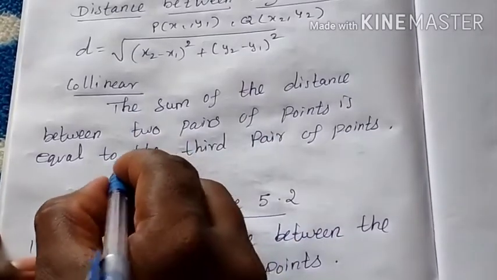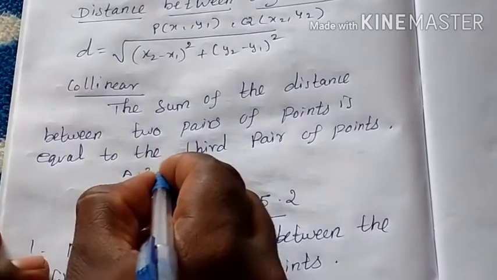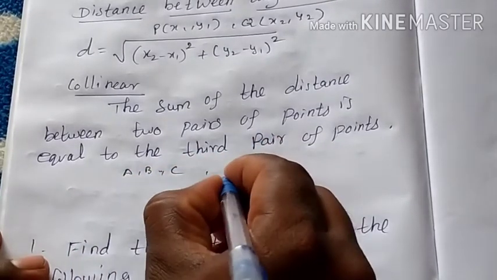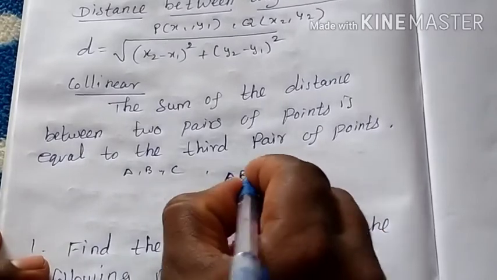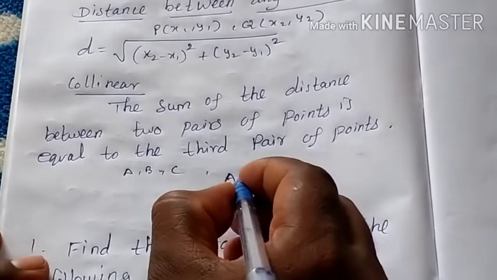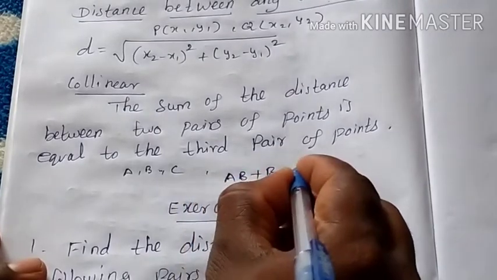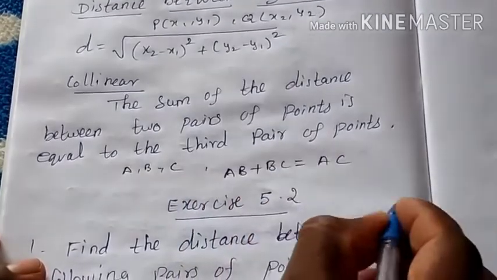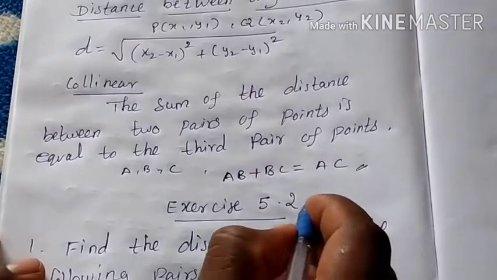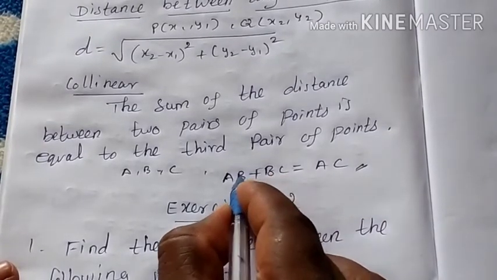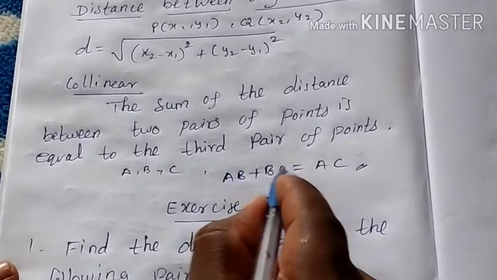Let's consider A, B and C are the 3 points. AB represents the distance between A and B. AB plus BC equal to AC. This is your condition: the sum of the distance between two pairs of points is equal to the third pair of points.